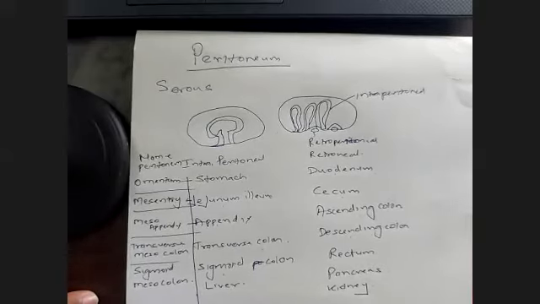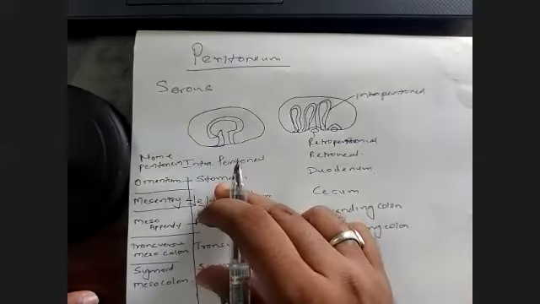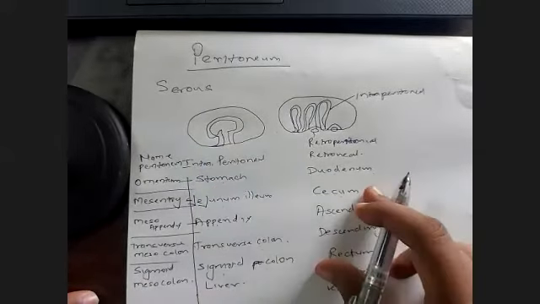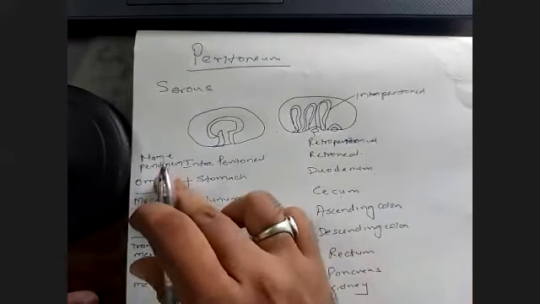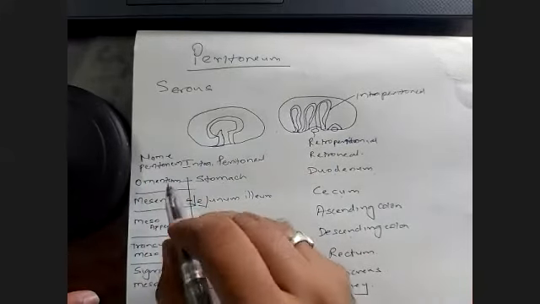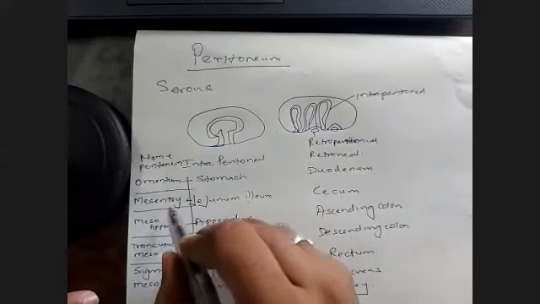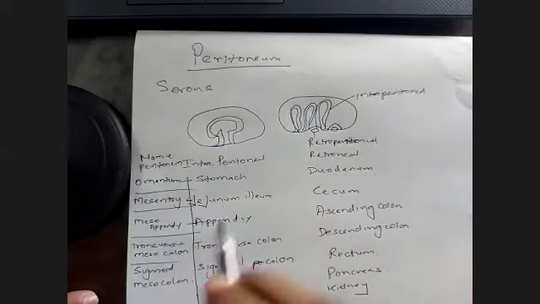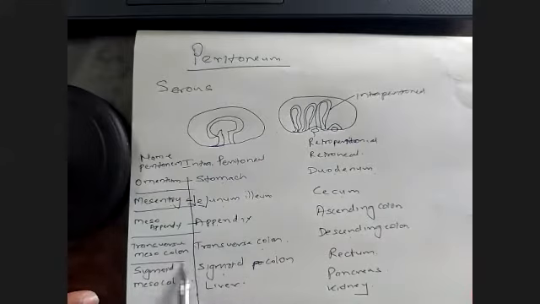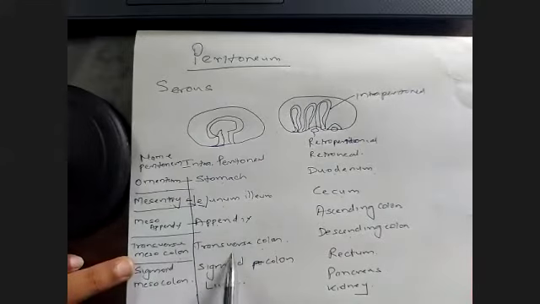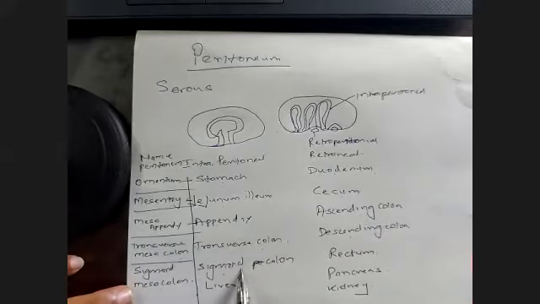So this is about which organs are intraperitoneal, which are retroperitoneal, and what is the name of the corresponding peritoneum. Peritoneum covering the stomach is omentum, covering the jejunum ileum is mesentery, mesoappendix for appendix, transverse mesocolon is the peritoneum covering the transverse colon, sigmoid mesocolon is the peritoneum covering the sigmoid colon.